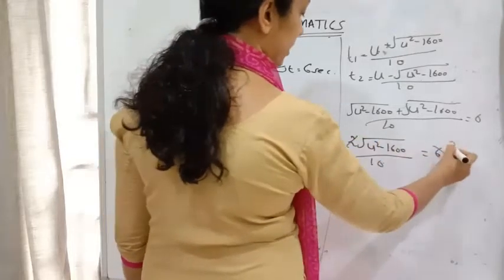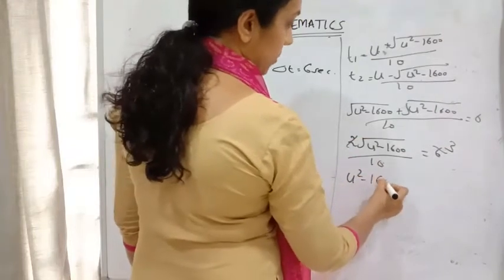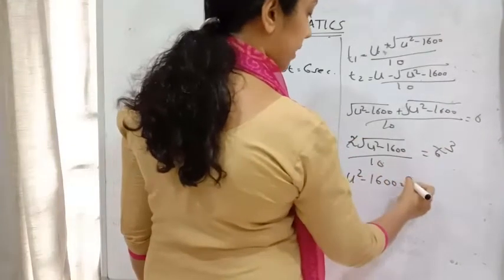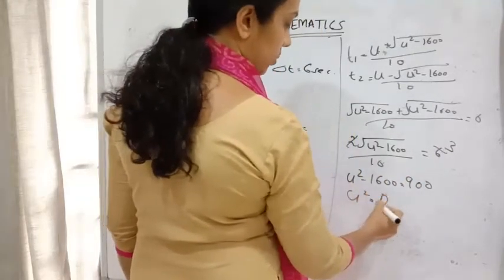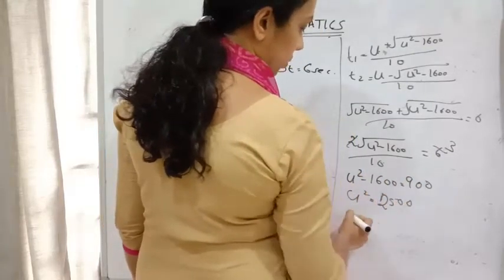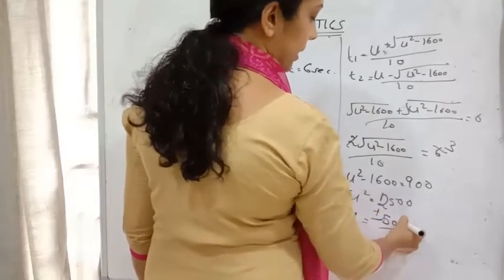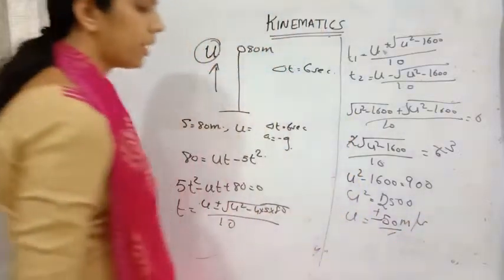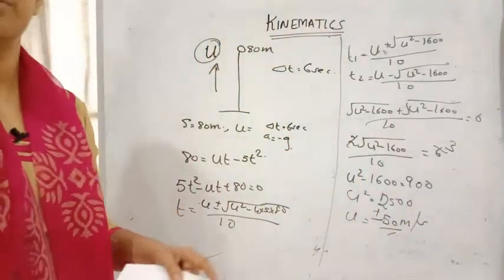So u square minus 1600 equals 900. Therefore u square equals 2500. You will get plus or minus 50 meter per second. Here we can ignore the minus 50.